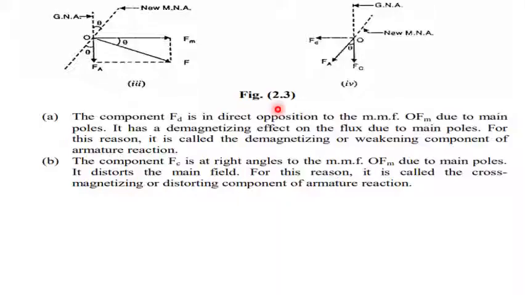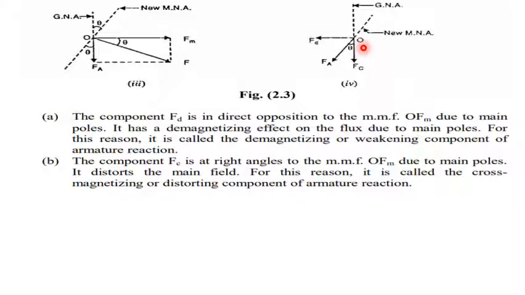Now the vector diagram shown in the last slide is repeated here. This is the armature flux force, which is acting in the downward direction. This is the main flux force, which is acting in this direction, and the resultant of these two will be the actual flux force, and this will be perpendicular to the MNA.